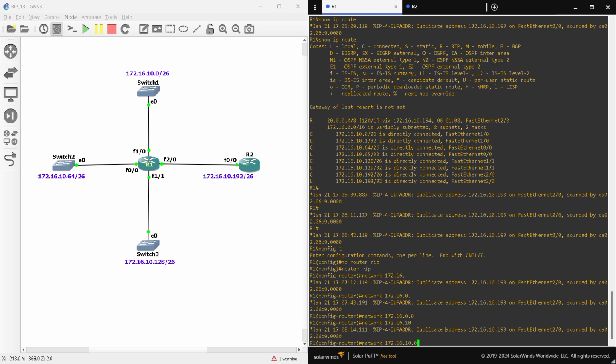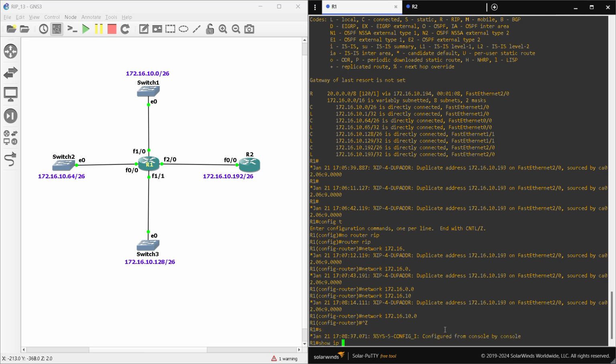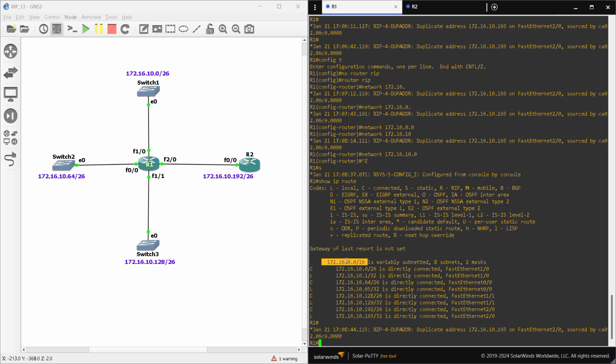Let me input both for now, and let us see its IP route. Show ip route. As you can see here, it is giving me 172.16.0.0.